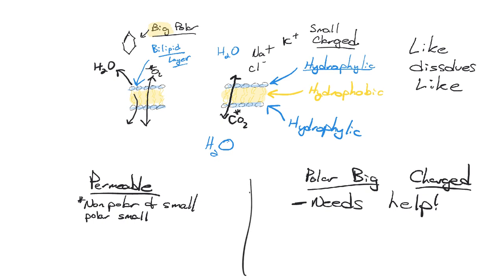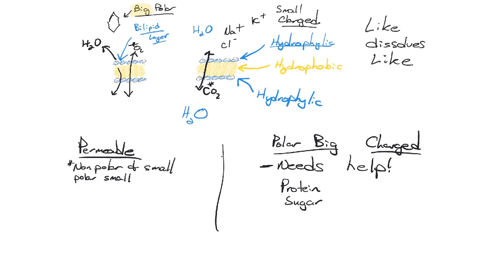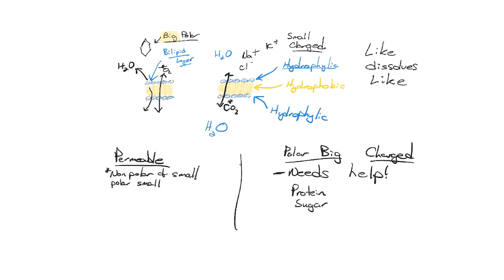So what are some examples of polar and big, or just big? Any protein is going to be big. Any sugar is going to be big. Any sugar, polar, and any nucleic acid. It's going to be too big to fit through the membrane.